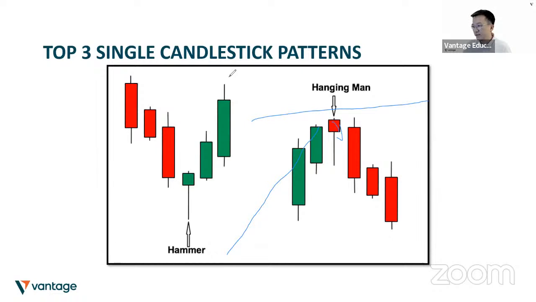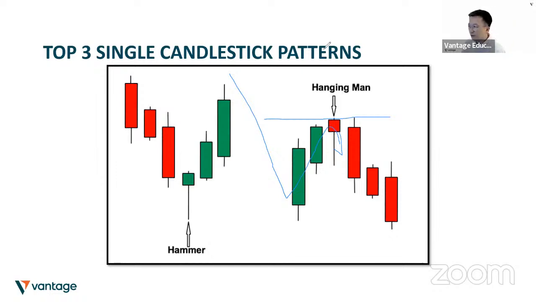Or if I see a downward move, a small rebound, and then that happens at a resistance level, then I'll be more confident to say, hey, that hanging man is giving an indication towards anticipation of further downside, right?